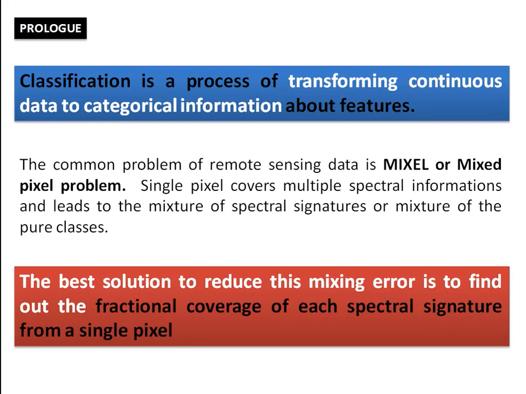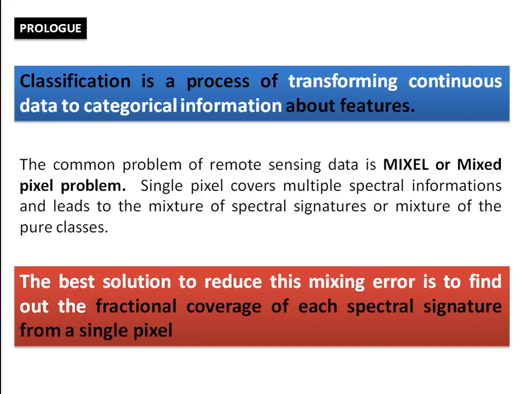So the common problem of remote sensing image data is the limited spatial resolution of the scanner, which leads to the mixed pixel problem. Individual pixels cover multiple ground cover types, which causes a mixture of spectral signatures or the mixture of the pure classes.